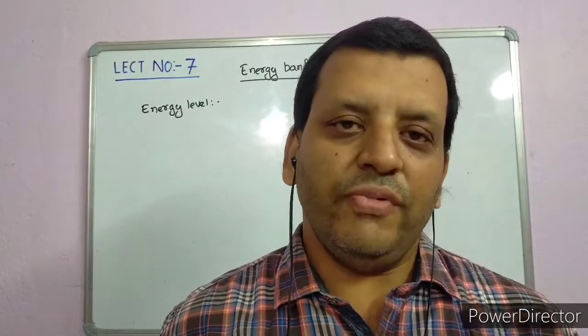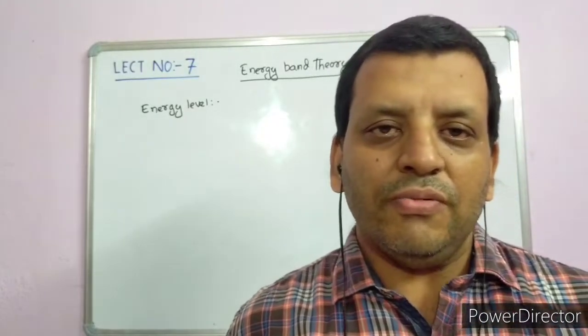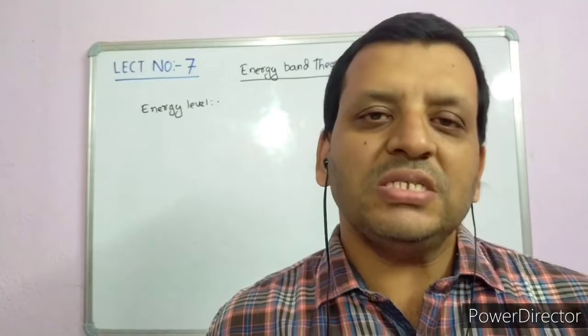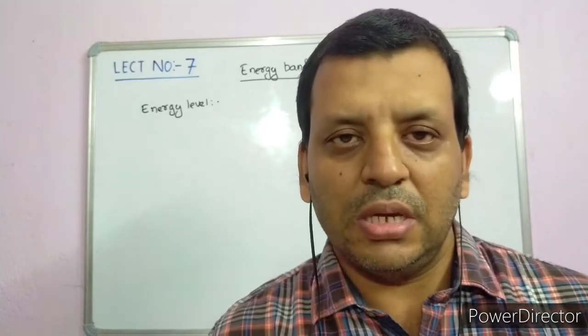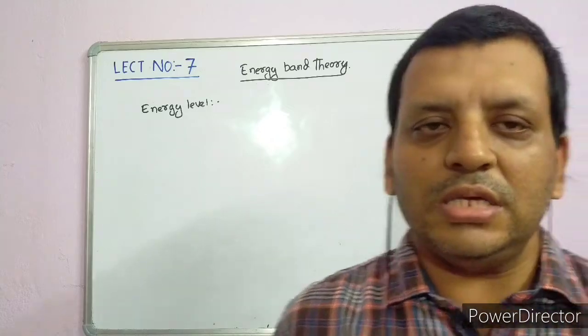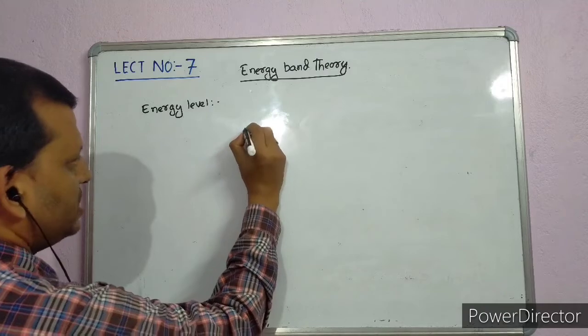In the last lecture, we had already studied that the electron which is revolving around the nucleus in a certain path possesses some amount of energy. The energy possessed by the electron is the summation of kinetic energy and potential energy.